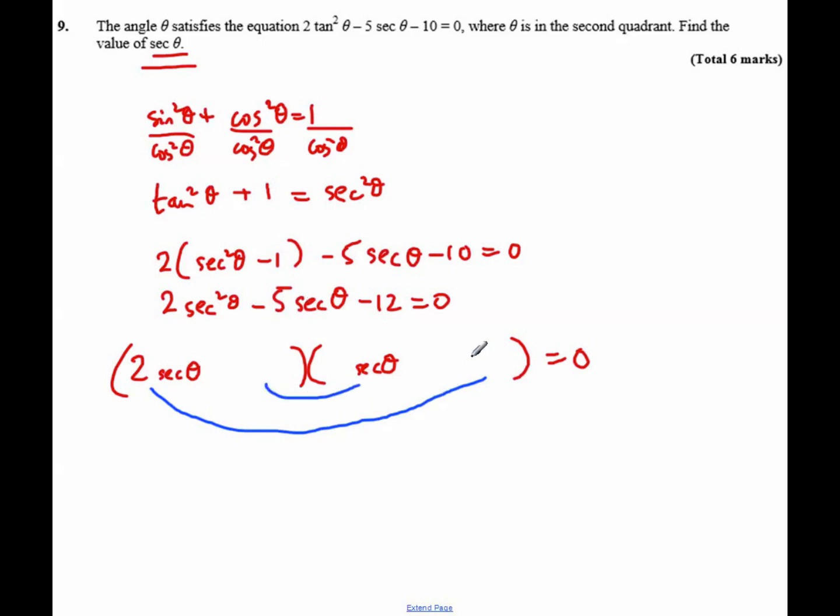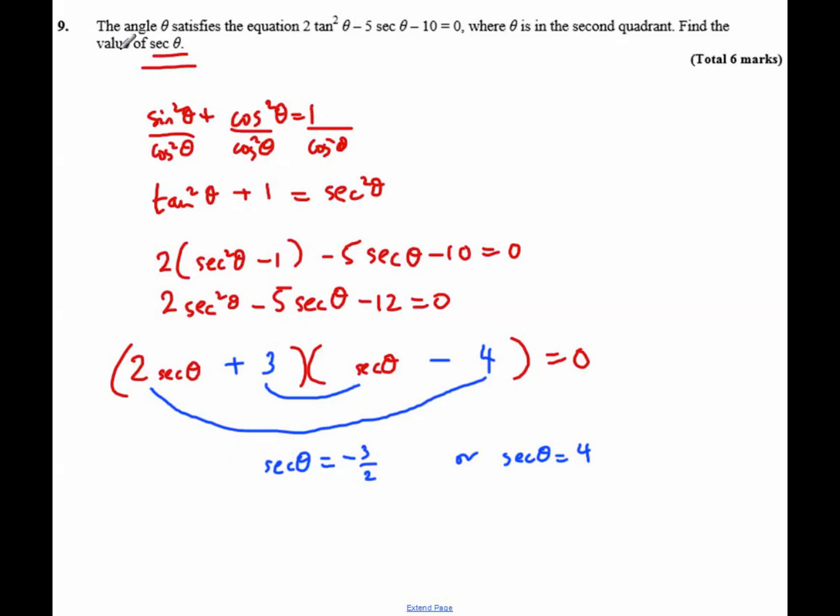Let's try 6 and 2. No, that doesn't work. Let's try 3 and 4. Ah, that could work. 2 by 4 is 8. 3 times 1 is 3, and the difference between 8 and 3 is 5. So I need that to be a minus and that to be a plus. This tells us that sec theta is equal to minus 3 over 2, or sec theta is equal to 4.